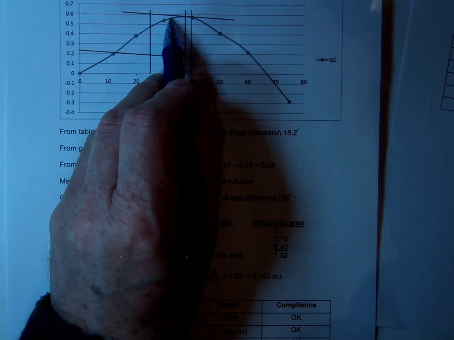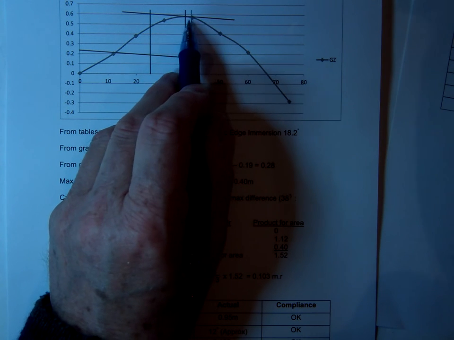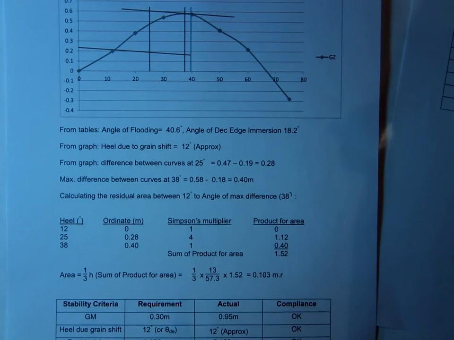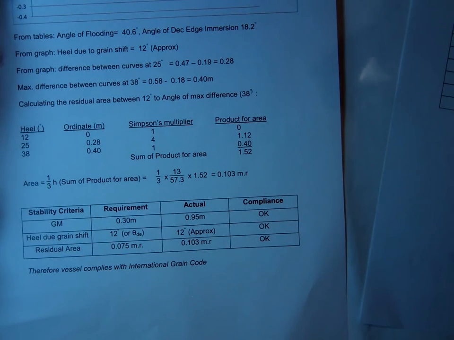As we draw this curve, we can see that it's slightly higher at 38 degrees than it is at 40. So what we have to do then is work out the values using Simpson's rule.